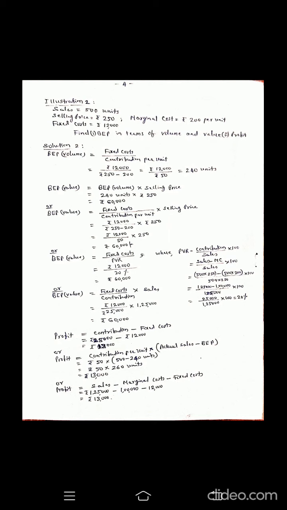This is an alternative way of computing profit. Or we can also compute profit in another way. Sales minus marginal cost minus fixed cost. 1,25,000 minus 1 lakh minus 12,000, that is equal to rupees 13,000.